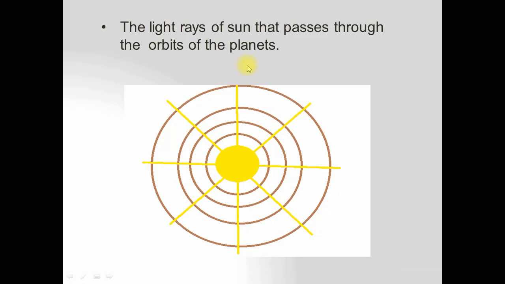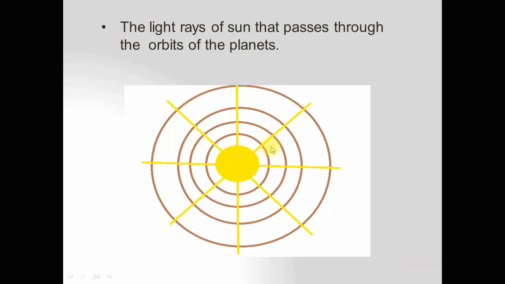Suppose these are the curves, this is the family of curves, and this yellow curve represents the family of sunlight rays. In other words, we can say that this family of light rays of the sun intersects the orbits of planets at a 90 degree angle.